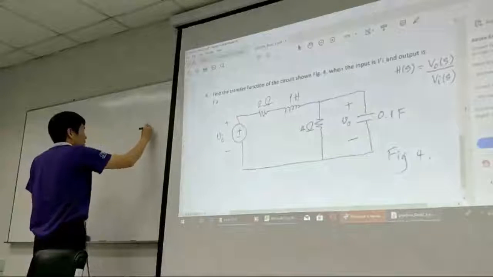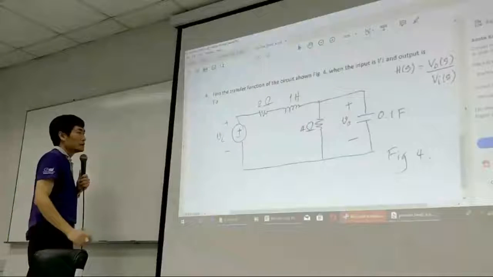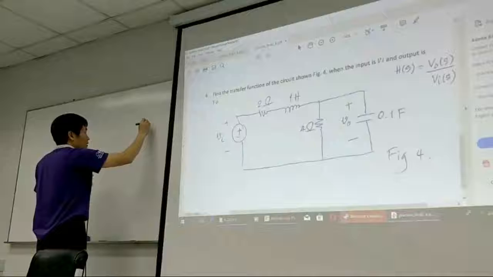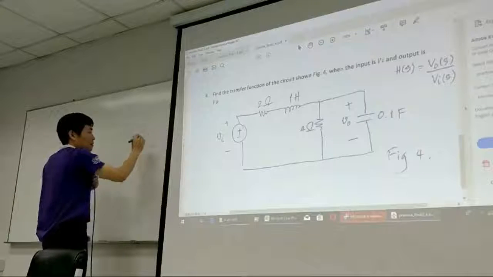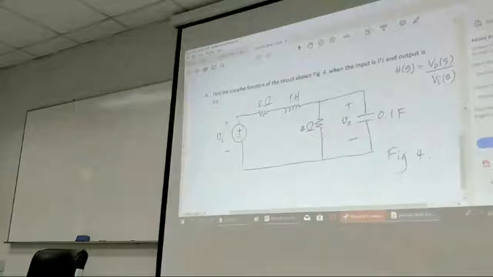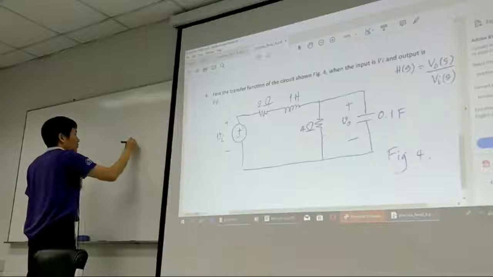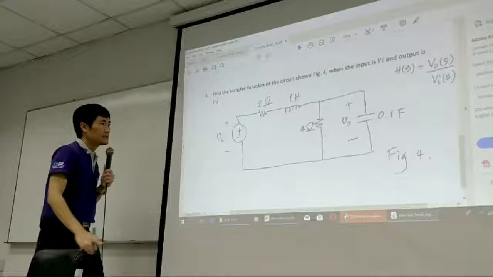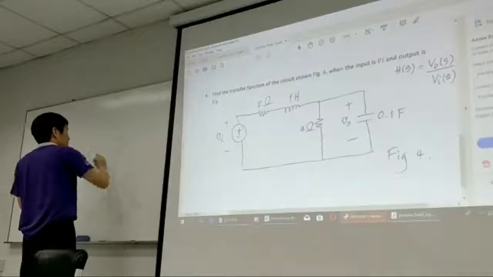So this is 1 over S multiplied by 0.1, which is 10 over S. Everyone okay with that? And V0 of t, we transform that to big V0 of s.